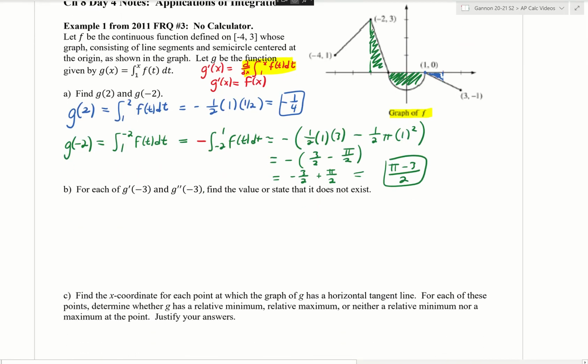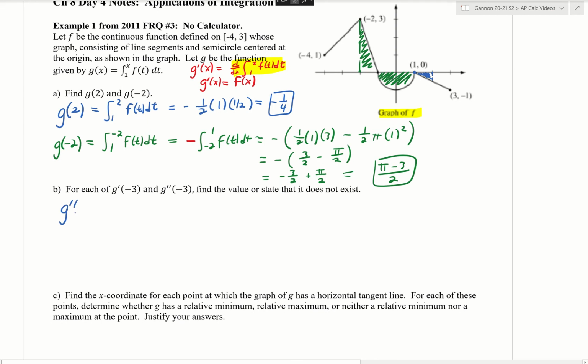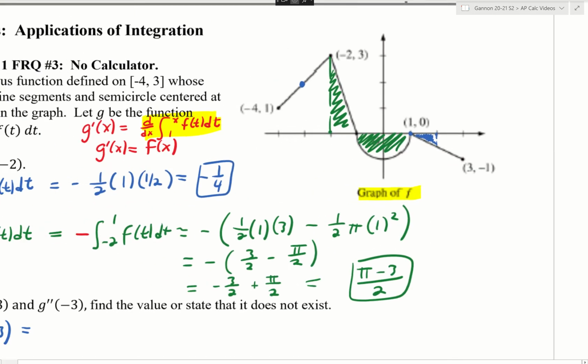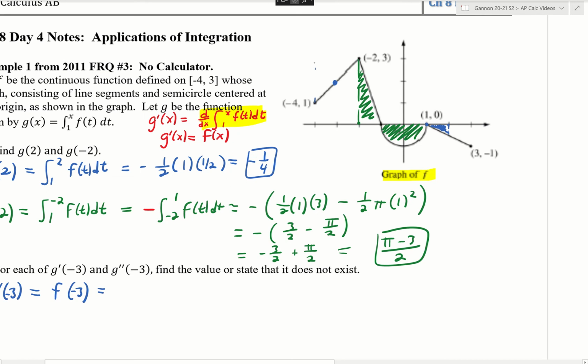So then using that, when I go to evaluate g prime of negative 3, that's going to be the same thing as f of negative 3. All I've got to do is go to the graph and figure out what is the height of the function at negative 3. That's going to be represented by this point here. We're dealing with a segment, so you probably want to figure out what the slope is.